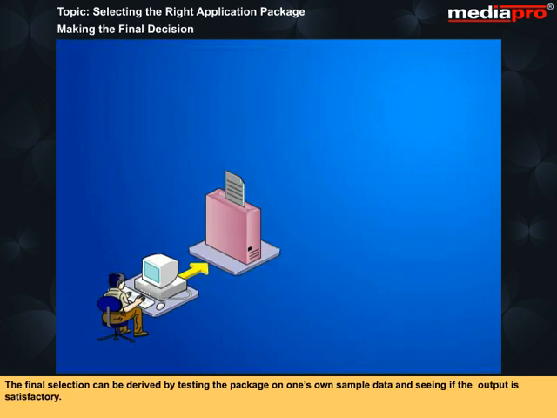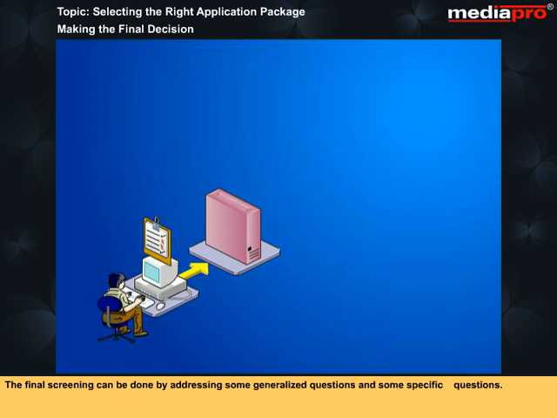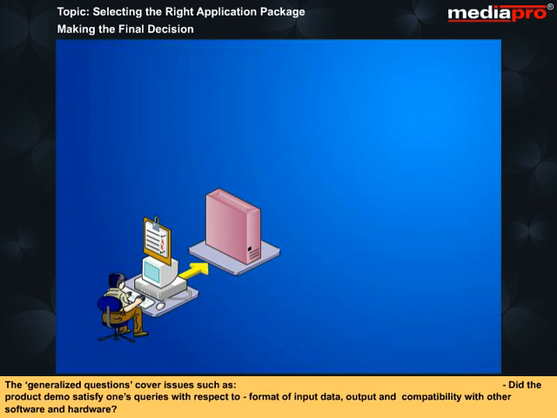The final selection can be derived by testing the package on one's own sample data and seeing if the output is satisfactory. The final screening can be done by addressing some generalized questions and some specific questions. The generalized questions cover issues such as, did the product demo satisfy one's queries with respect to format of input data, output, and compatibility with other software and hardware?